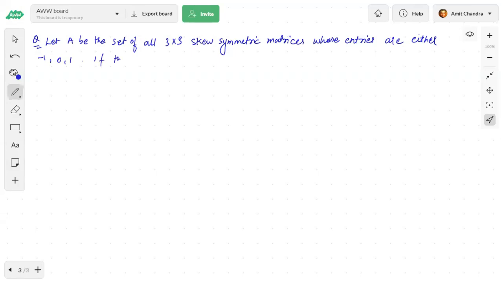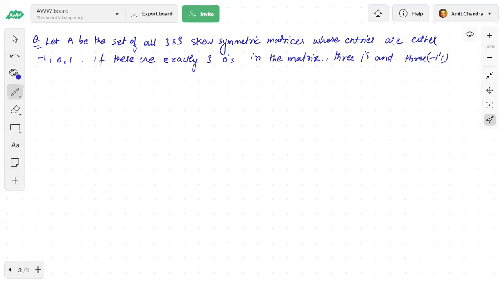If there are exactly 3 zeros in the matrix, 3 ones and 3 minus ones.